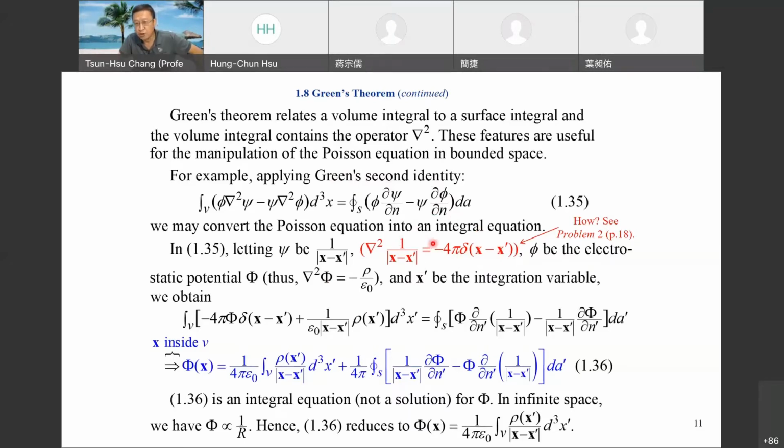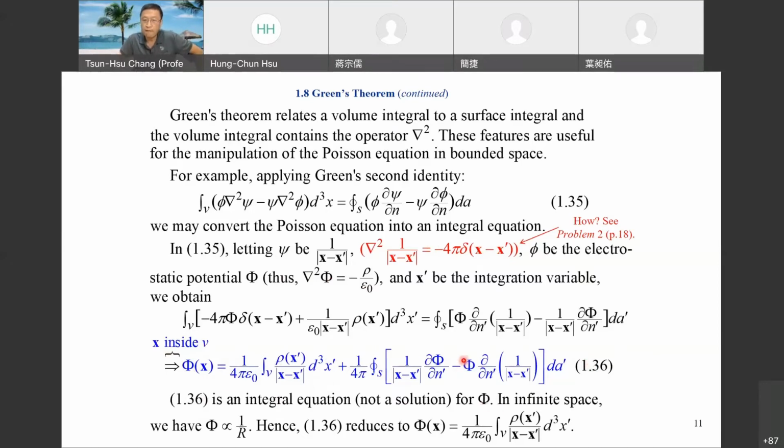We are going to use the Dirac delta function to help us solve the solution. So by substituting this one and Poisson's equation to here, and eventually we got this one. That's a simple application. I will talk about this topic over and over again.